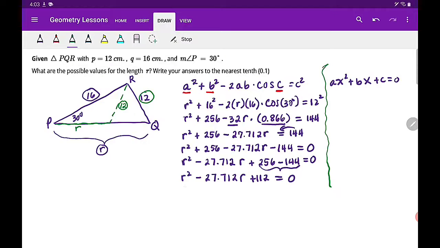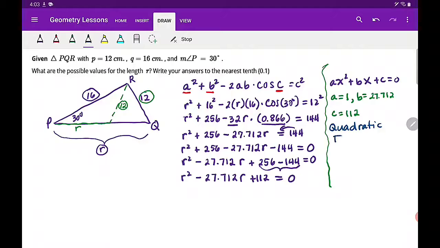Now in this case, instead of x we have r. So a in our equation is equal to 1. B is equal to this fellow right here, 27.712, and C is equal to 112. Now if we have a quadratic equation, we can use the quadratic formula. You should remember what the quadratic formula is.